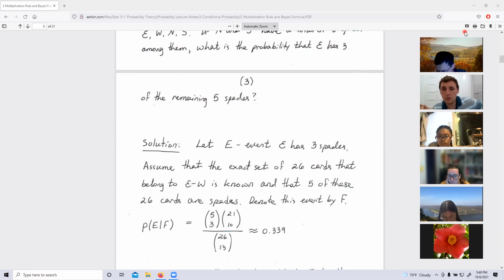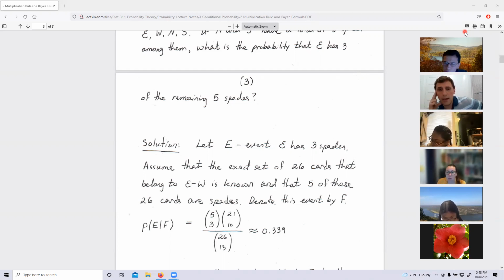They are given randomly. So East can have any 13 out of 26 cards. And success means that he has 3 out of 5 cards that are spades, and 10 out of the remaining 21. Okay. So do you understand, guys? We assume that we know way more than is actually given to us.